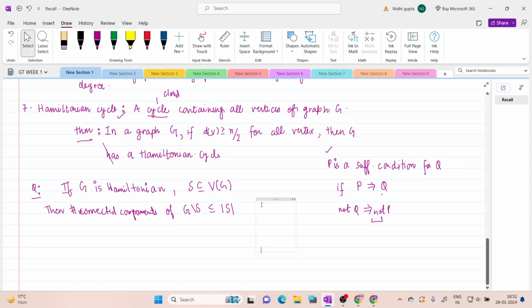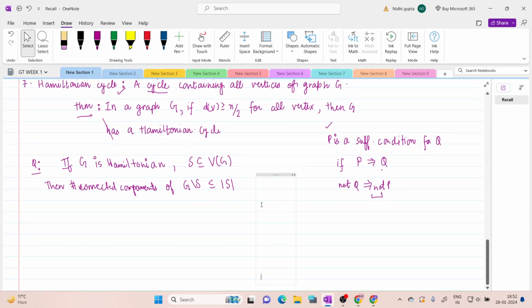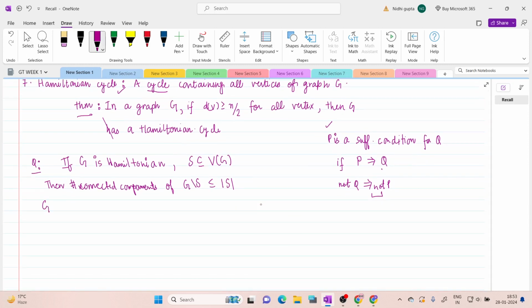Yes, we can. See, if G is Hamiltonian, then G has a Hamiltonian cycle, right?